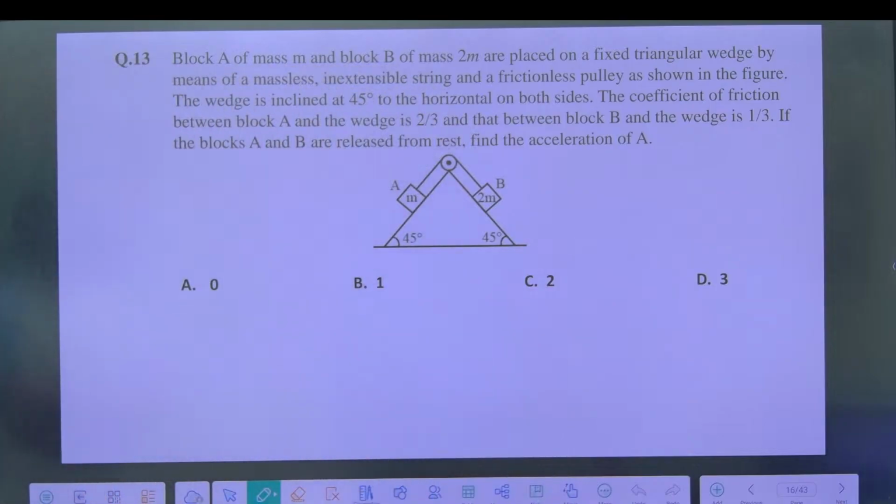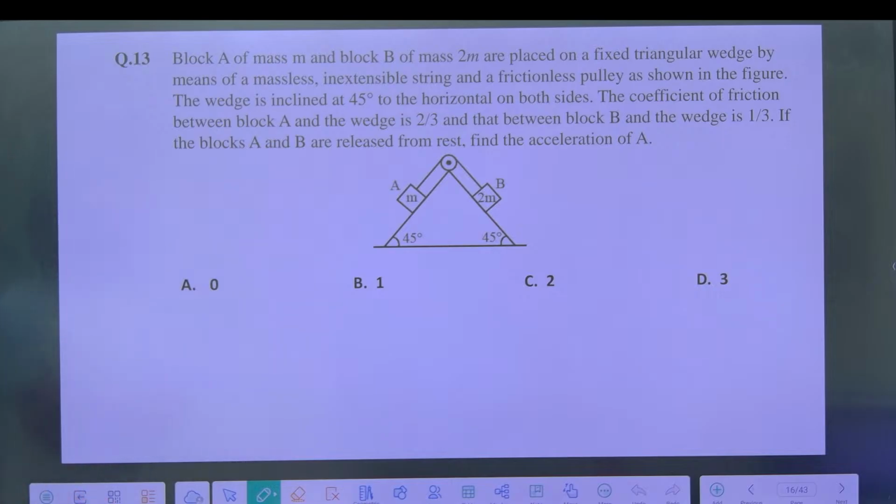Block A of mass m and block B of mass 2m are placed on a fixed triangular wedge by means of a massless inextensible string and a frictionless pulley as shown in the figure. The wedge is inclined at 45° to the horizontal on both sides.